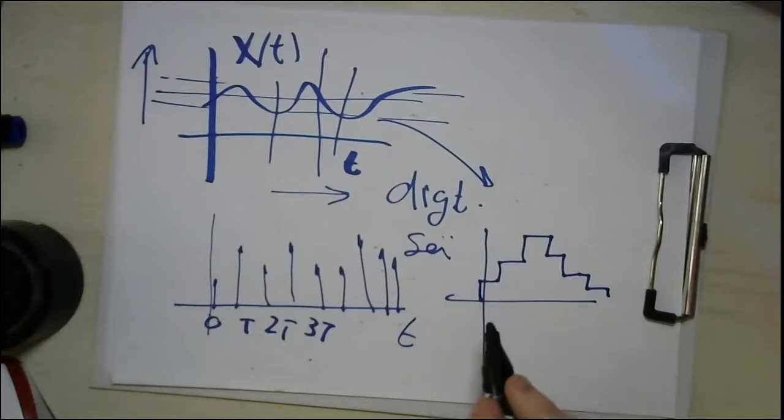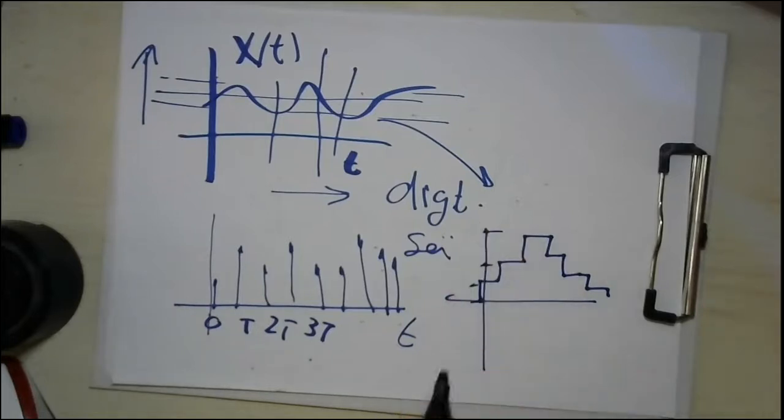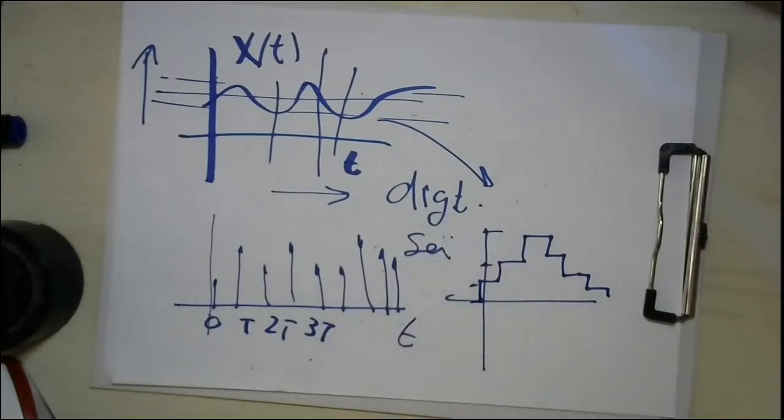You can see that the amplitude is only this, or this. So it's limited to only 4 discrete values in the amplitude. However, the signal is continuous with respect to time. So again, this is a semi-continuous signal, a semi-digital signal.